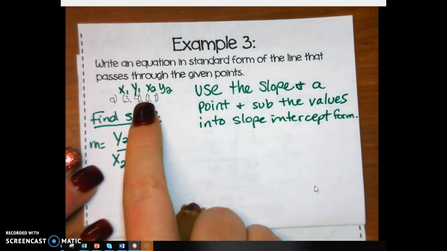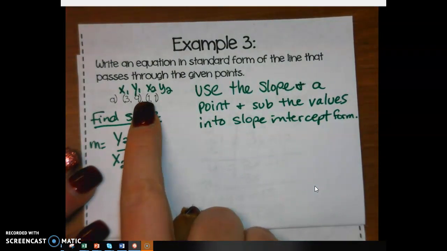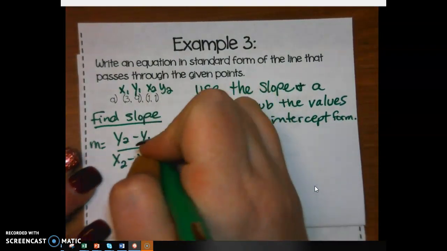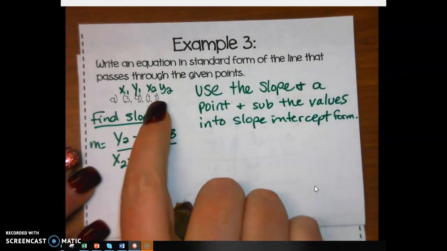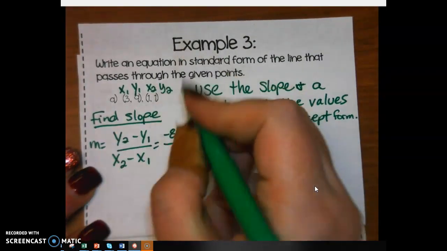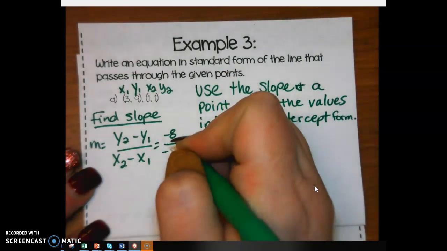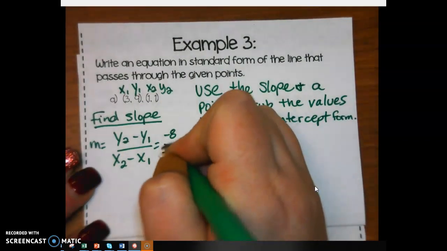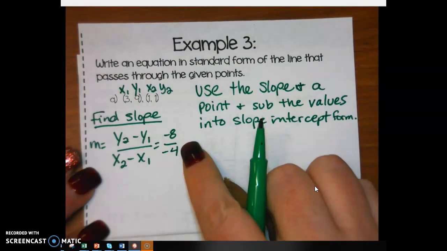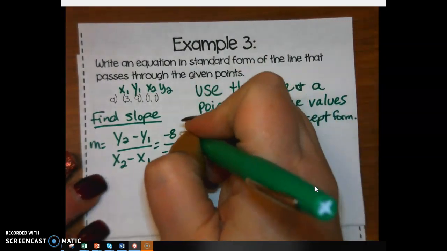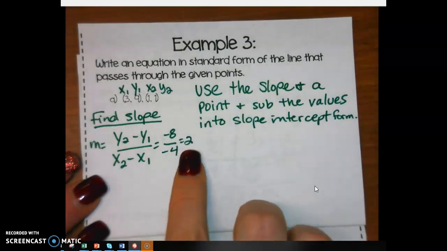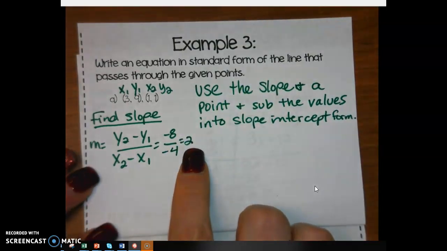So 1 minus 9 is negative 8 over 1 minus 3. Negative 1 minus 3, negative 4. So negative 8 divided by negative 4 is positive 2. Okay, so positive 2 is my slope.